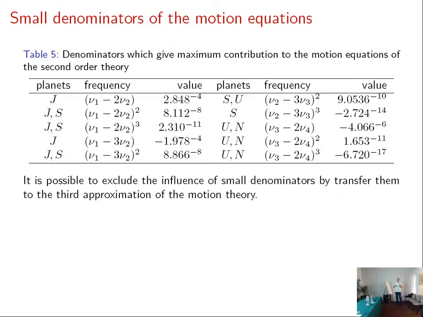If, for example, we take out these terms with these denominators from motion equations, the orbital evolution of Uranus and Neptune's eccentricities will be close to the case of the first order theory. It is possible to exclude the influence of small denominators by transferring them to the third approximation of the motion theory.